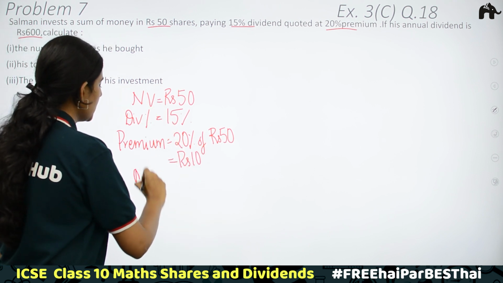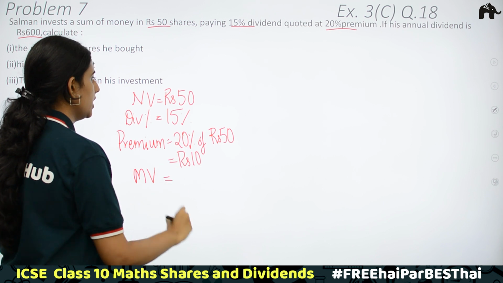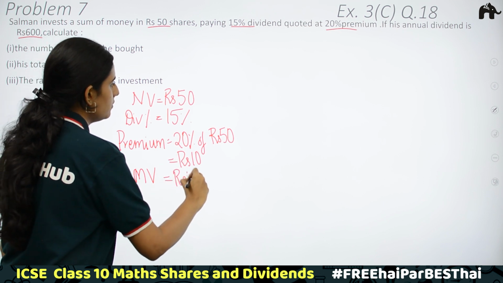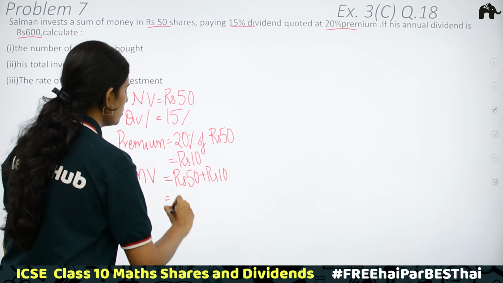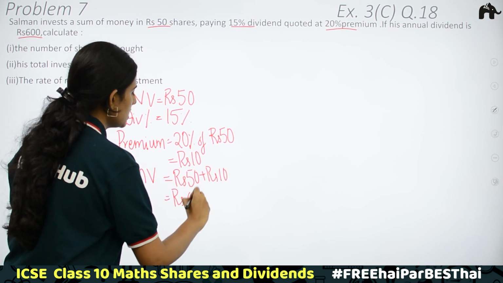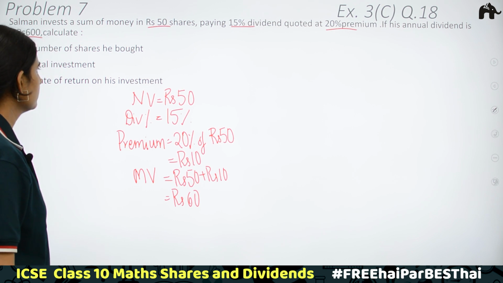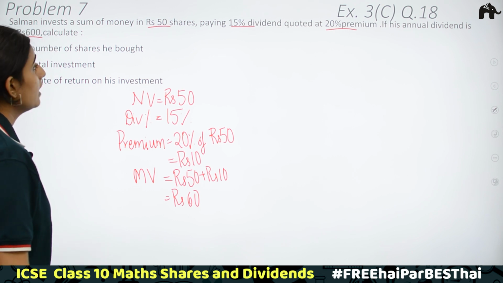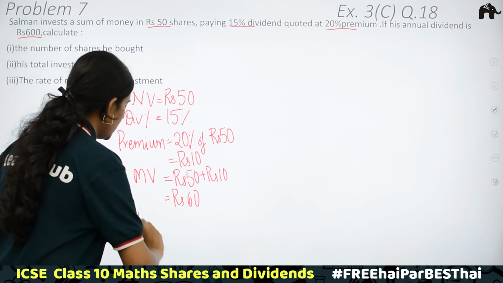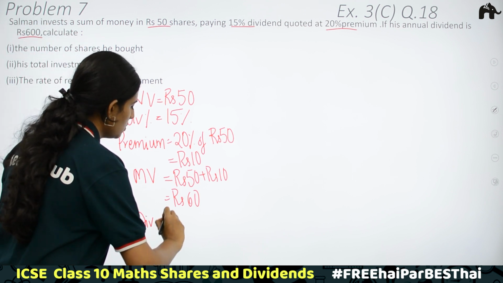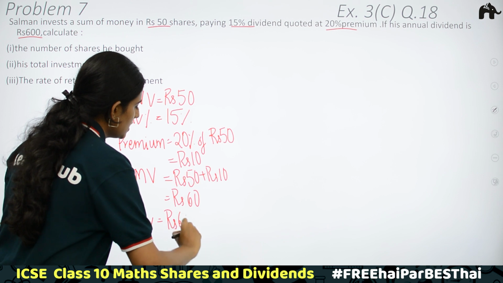Now, the market value of one share will be equal to rupees 50 plus rupees 10 equal to rupees 60. Then, if his annual dividend is rupees 600, dividend is given. Dividend is equal to rupees 600.